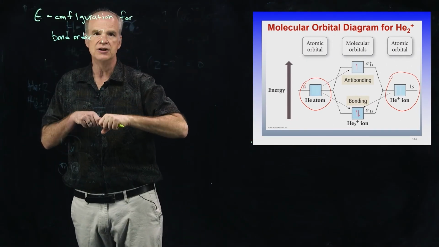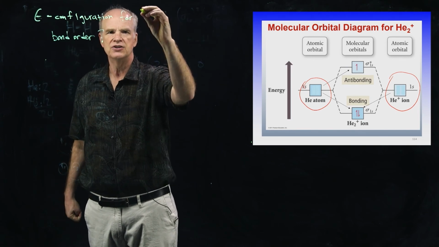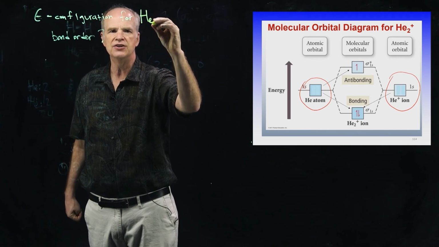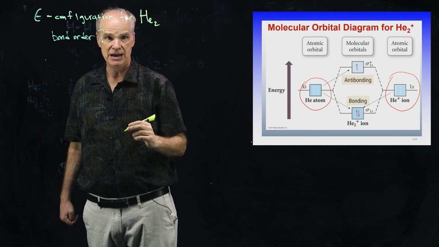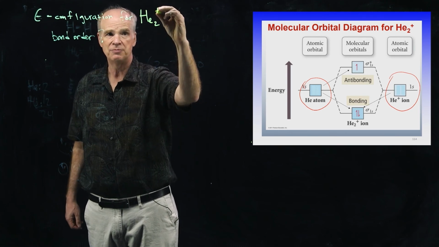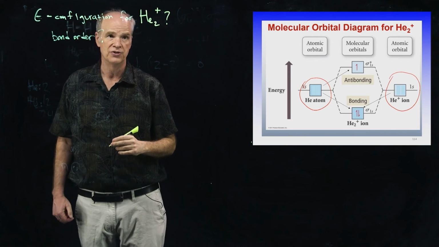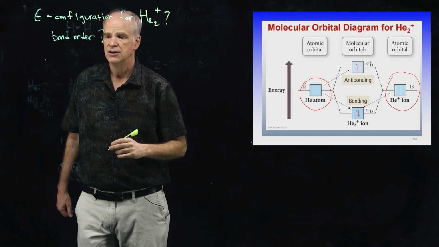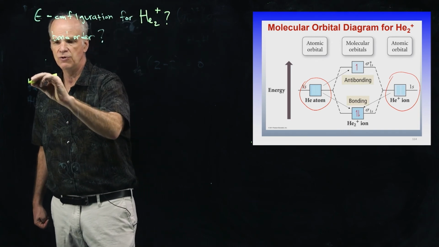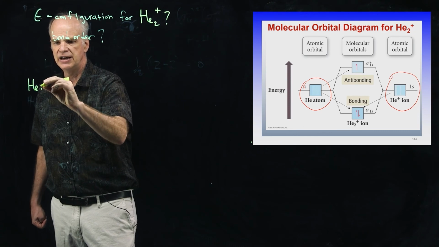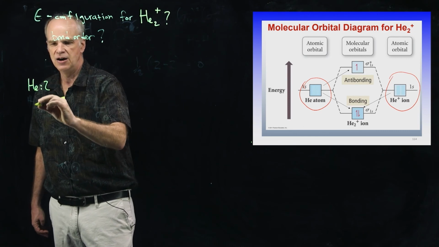Here we're going to work out the electron configuration for the diatomic helium molecule that has a positive charge, and then we're going to work out the bond order for this molecular ion. Here we have 1 helium atom that has 2 electrons.